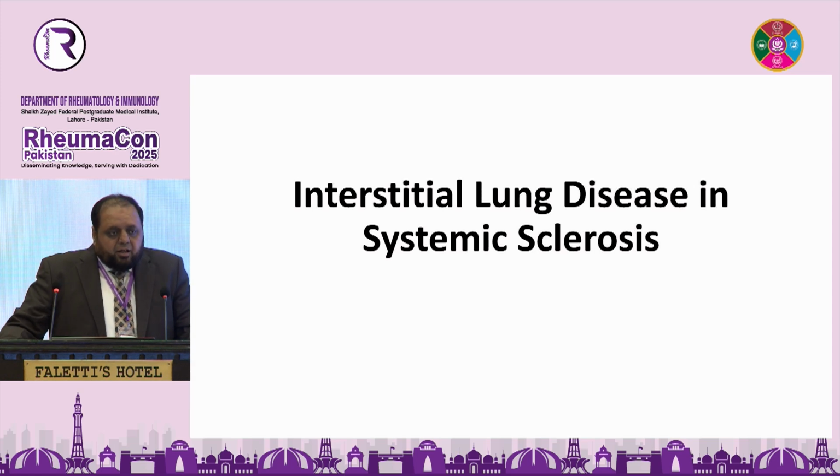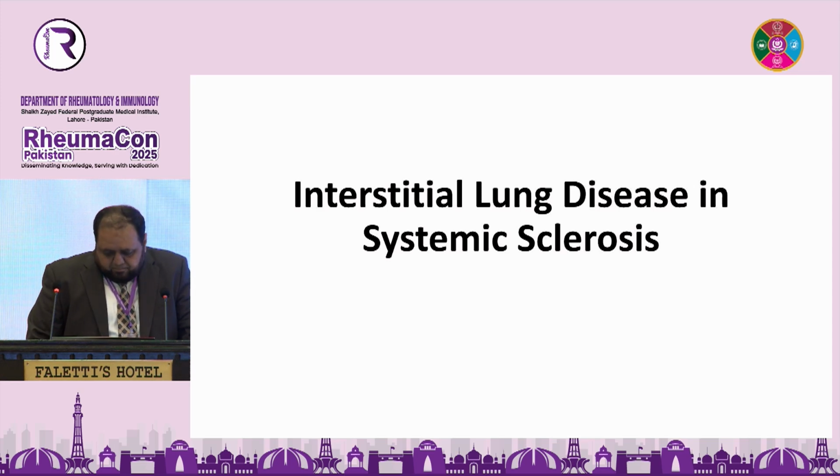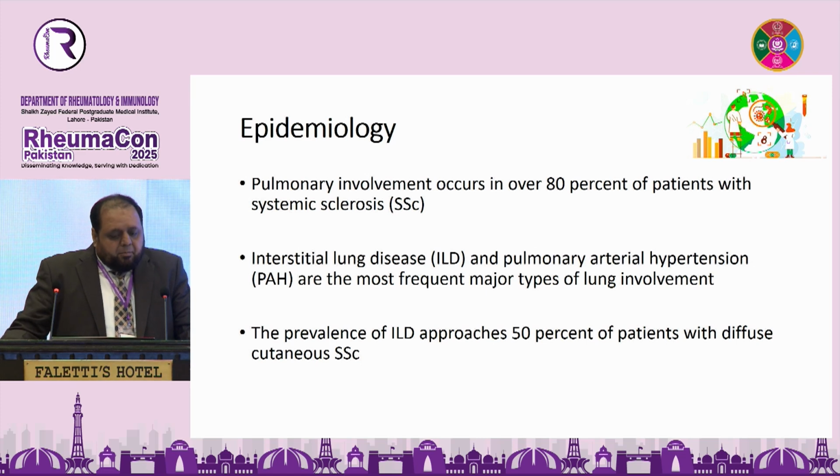Next entity is interstitial lung disease which is associated with systemic sclerosis. Pulmonary involvement occurs in about 80% of patients with systemic sclerosis. Interstitial lung disease and pulmonary arterial hypertension are the most frequent and major types of lung involvement.